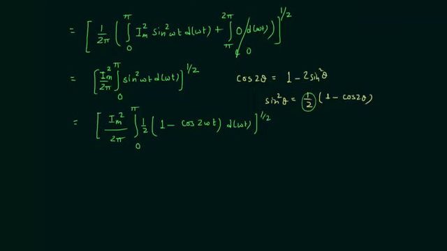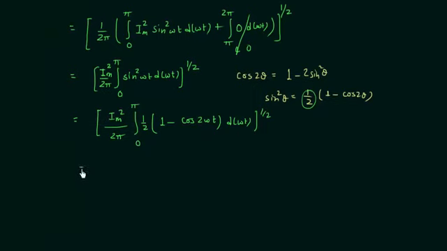Integration of 1 is omega t, and integration of cos 2 omega t is equal to sine 2 omega t divided by 2. So Im square divided by 2 pi, inside the bracket, we have omega t minus sine 2 omega t divided by 2. The lower limit is 0 and the upper limit is pi, all to the power 1 by 2.